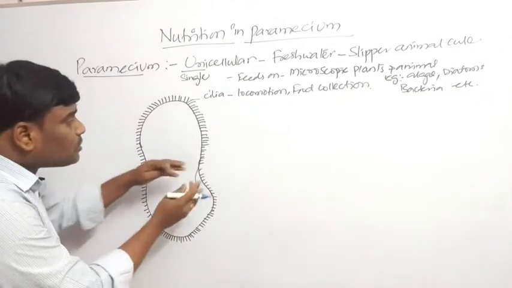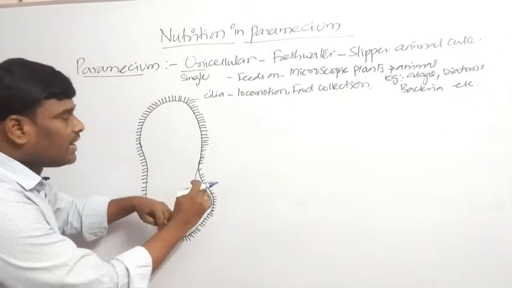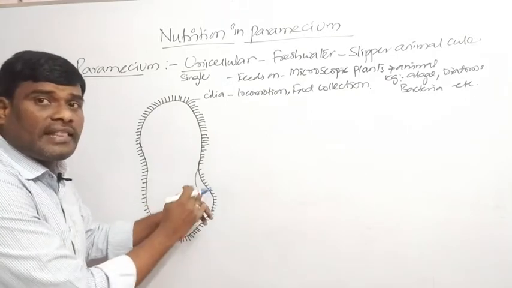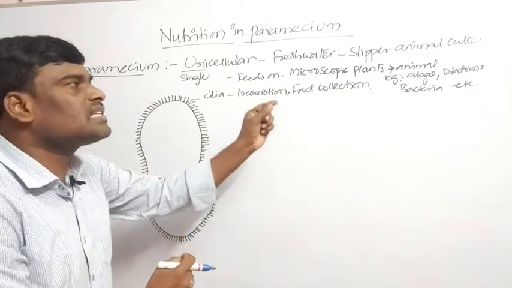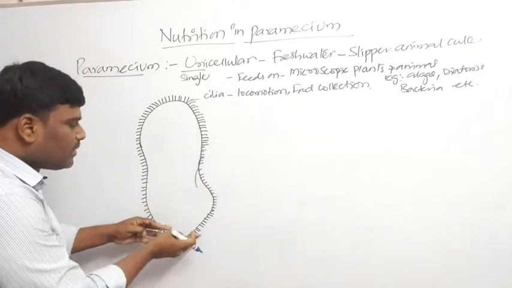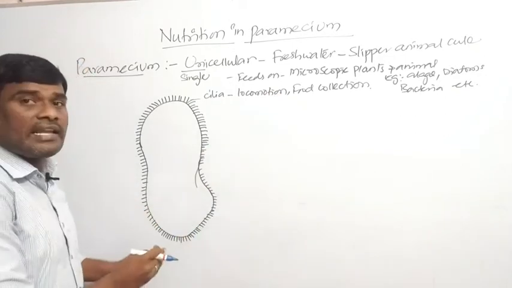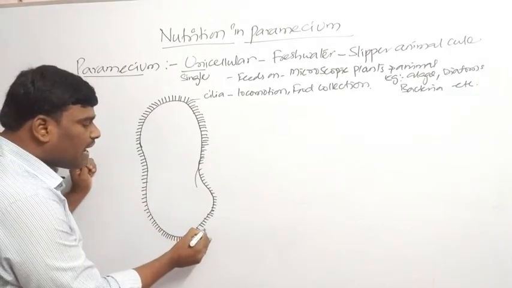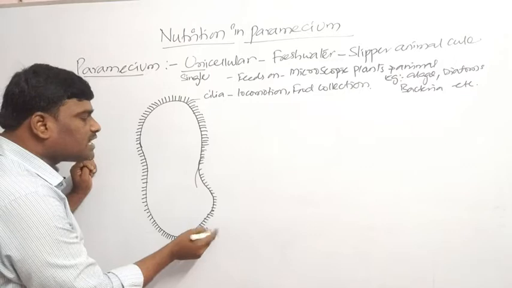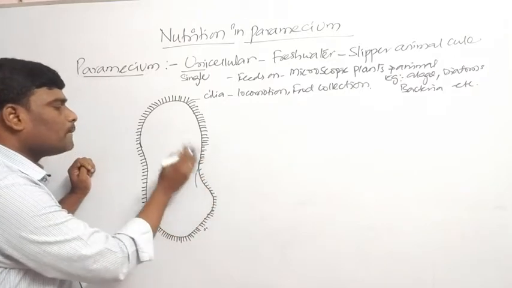Because of the movement of this cilia, there is a water current, and because of that water current, the small microscopic plants and animals, children, will be attracted towards this cilia, and the food particles are swept into the what, children? Mouth.